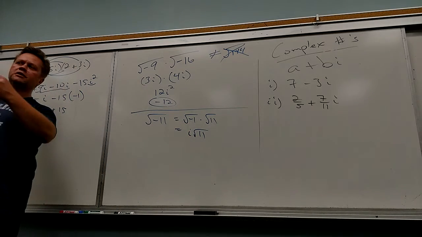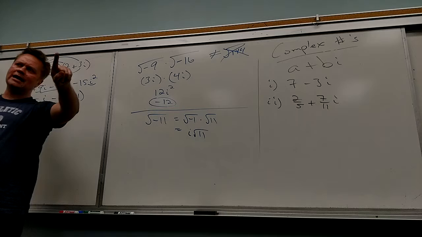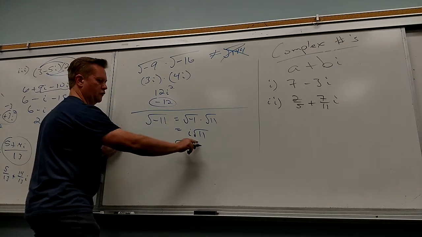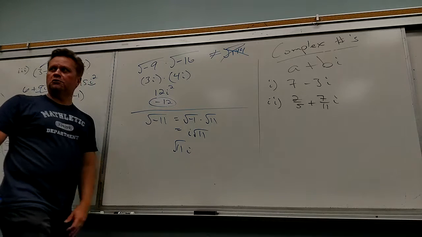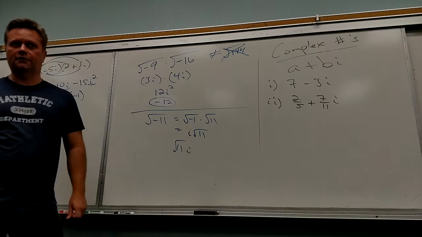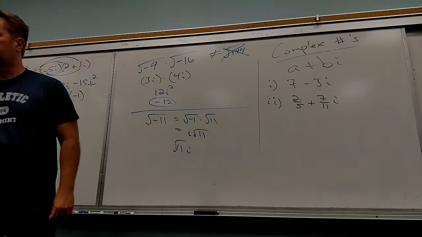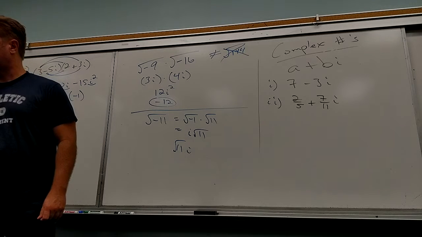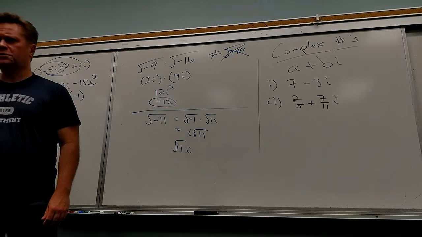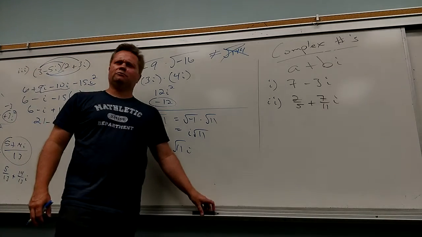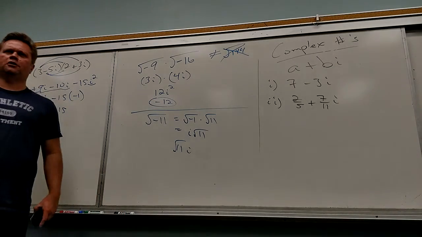The reason I don't put the i behind it is because very often it looks like it's going under the square root. Now imagine this for a second: the square root of i. Do you start to understand how that's really, really weird? Everything's flipping weird now.